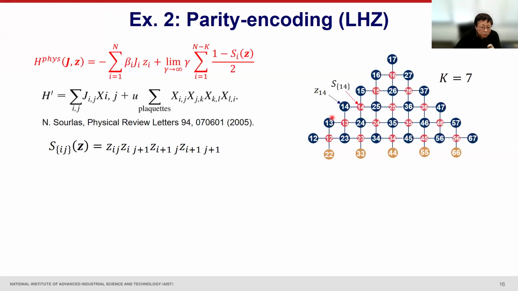Next important example to be explained is parity encoding. The Hamiltonian of this physical spin is given in terms of physical spin variables, small z, in Zoller's papers like this.